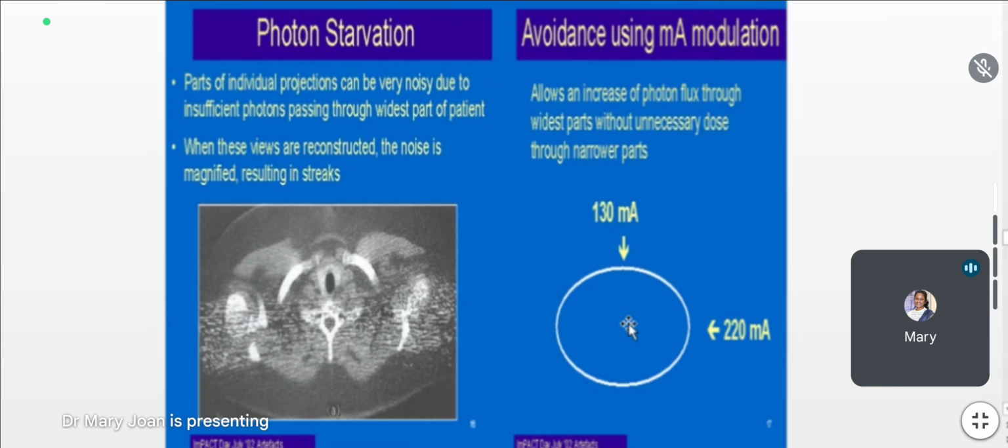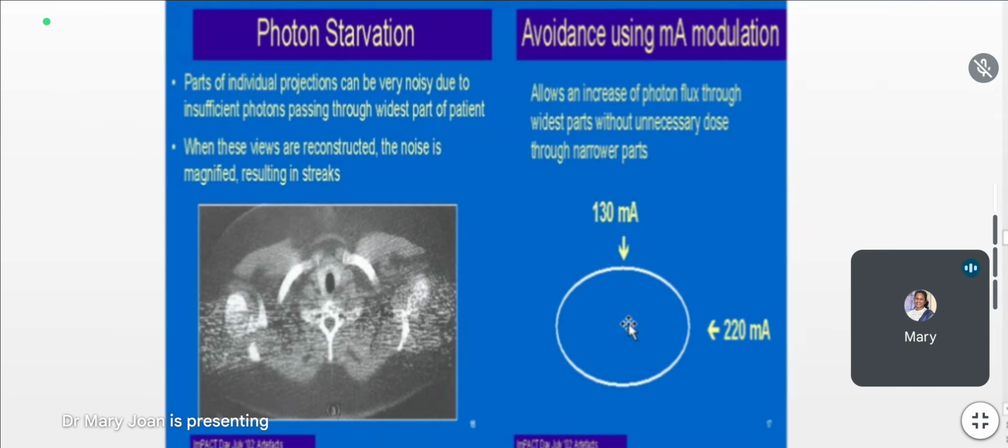And photon starvation: parts of individual projections can be very noisy due to insufficient photons passing through the widest part of the patient. When these views are reconstructed, the noise is magnified, resulting in streaks.